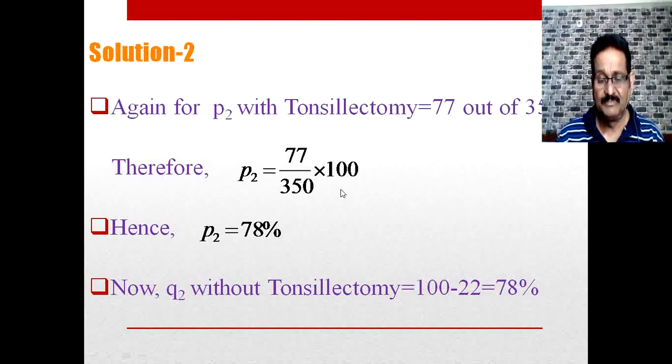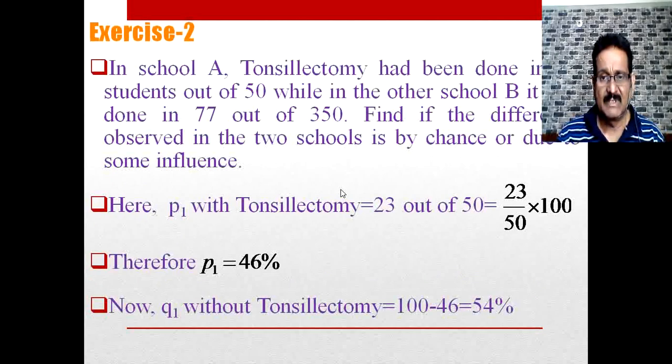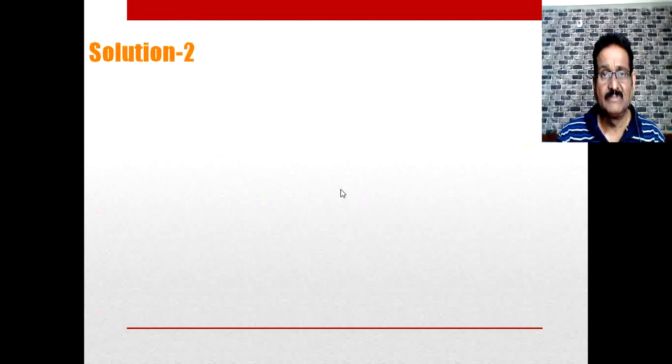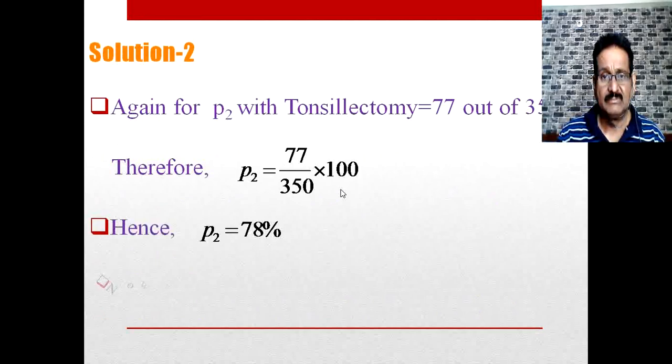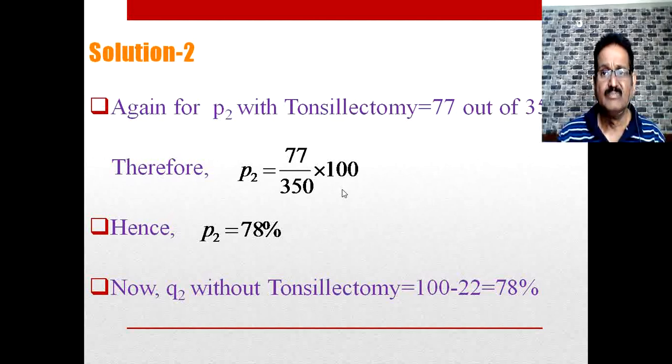Now we have two values, again repeating: 46% and 54% for group 1, and 22% and 78% for group 2. There was some mistake in the last line, so please ignore it. Again repeating, P2 is 22%, and 100 minus 22 equals 78%, so 78% is Q2 here.